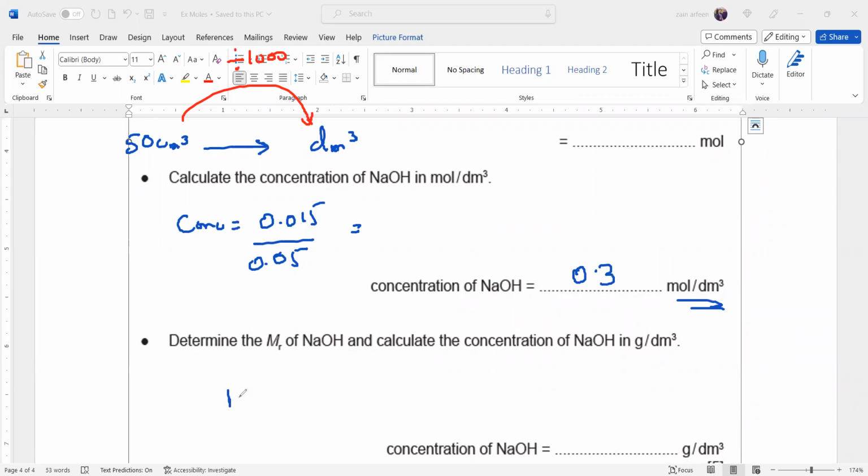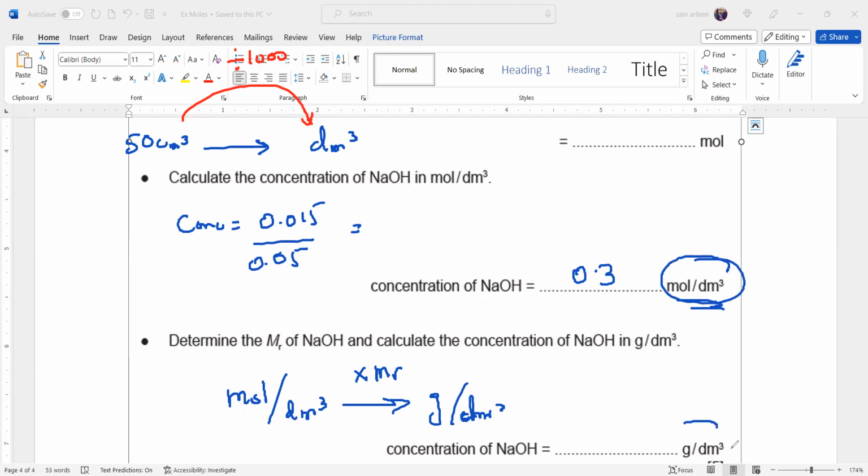And if we want to convert the concentration from moles per decimeter cube to grams per decimeter cube, how do we convert? We just multiply by molar mass. Moles per decimeter cube multiplied by molar mass gives grams per decimeter cube. Here is the concentration in mole per dm cube, here the concentration in gram per decimeter cube.